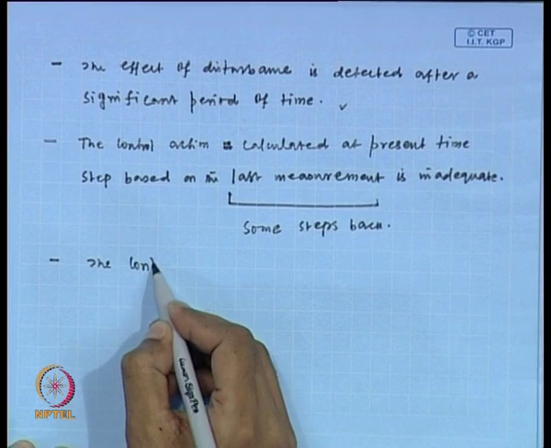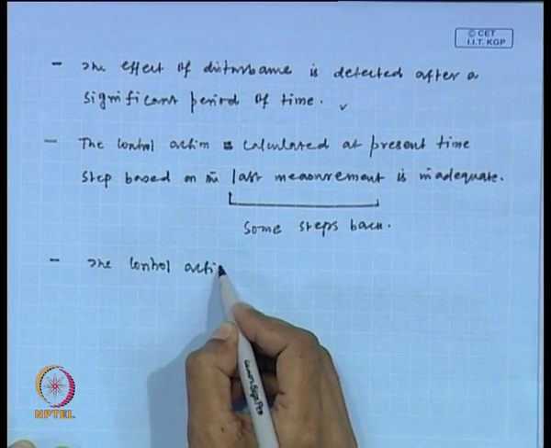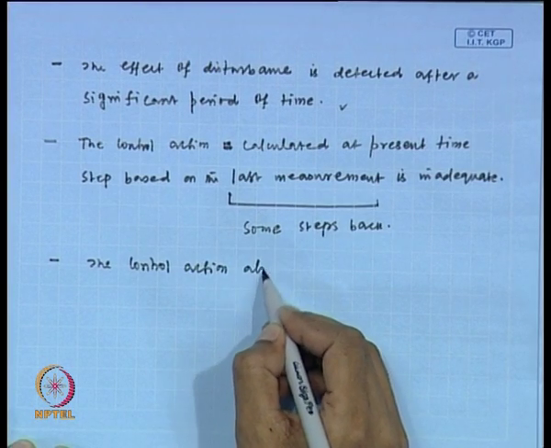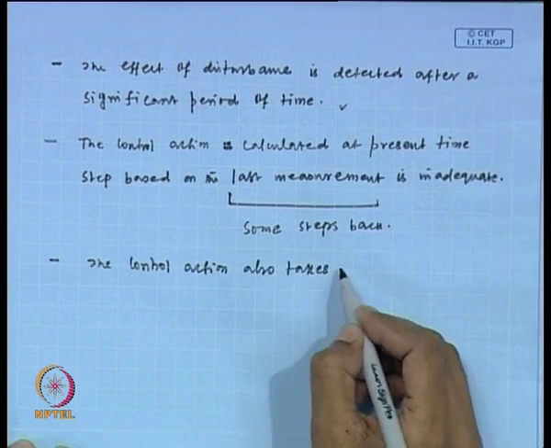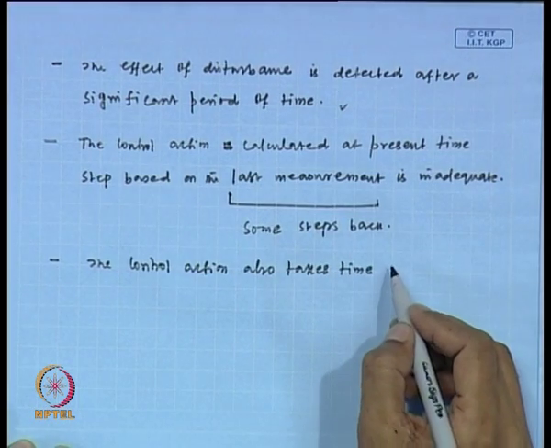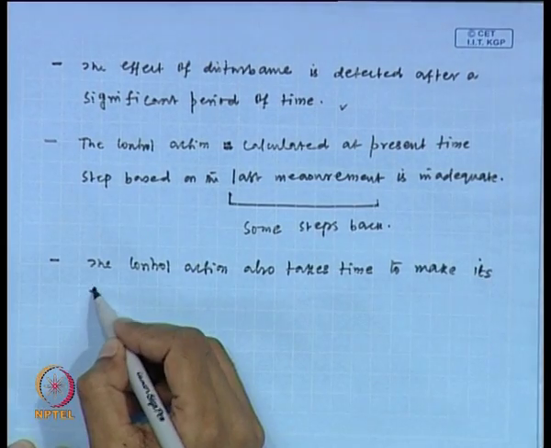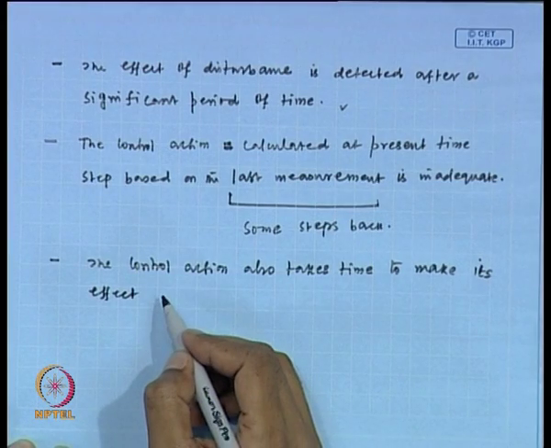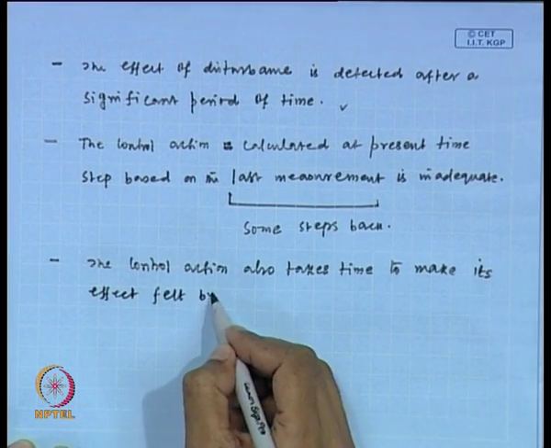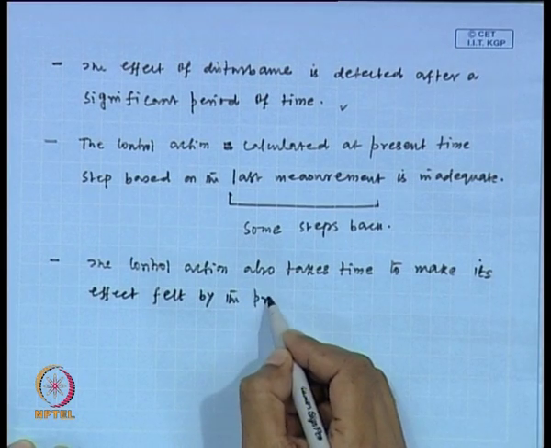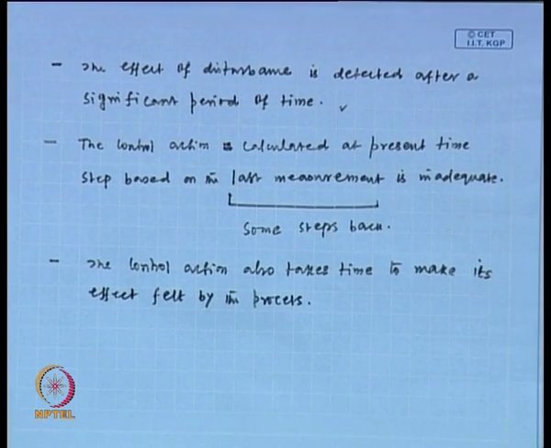Third one is the control action also takes time to make its effect felt by the process. These are the reasons for which the feedback controller would provide unsatisfactory responses.